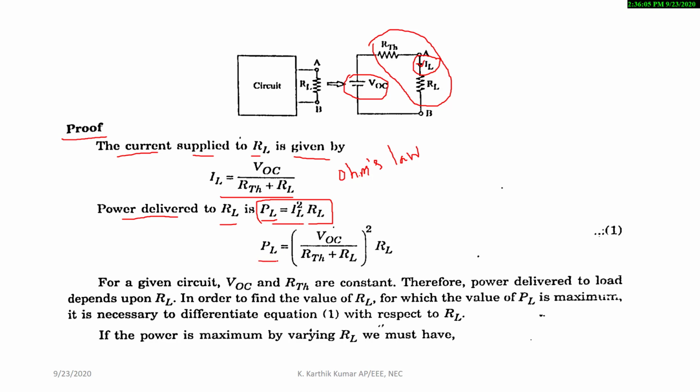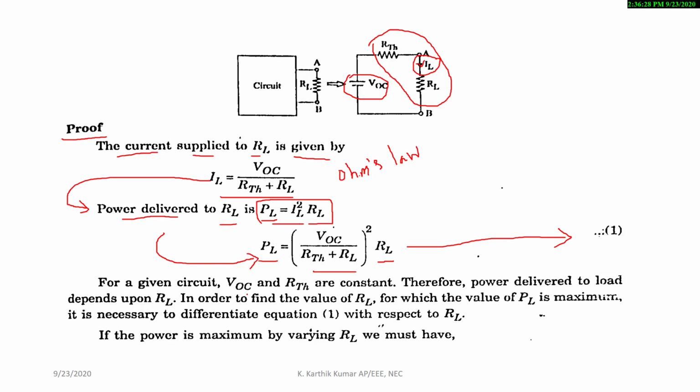Hence, PL equals VOC divided by RTH plus RL, the whole squared, times RL, which is equation 1. Here we are just substituting the value of IL in the power equation, and we get the equation like this.